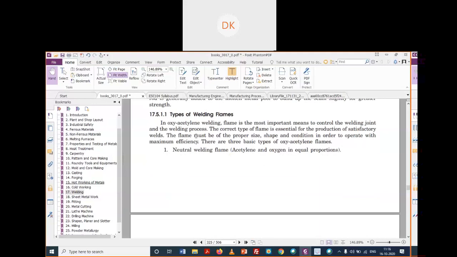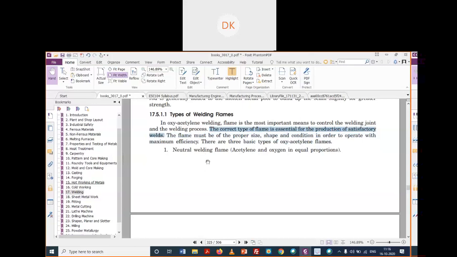Then, in acetylene welding, the flame is the most important means to control the welding joint. So we have to watch the flame. The correct type of flame is essential for the production of satisfactory welds.